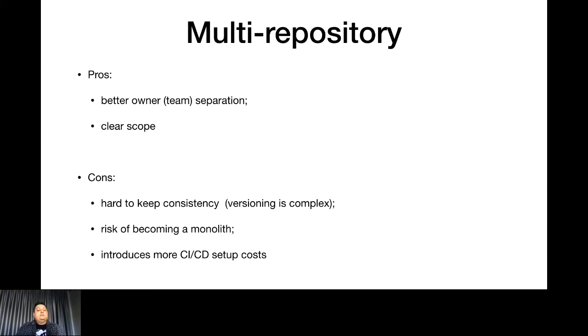There is also a risk of this approach becoming a monolith, because if we need to jump between different repositories, it may be very tempting to introduce some logic which should land in a different microservice. It also introduces more CI and CD setup, because of course we must have a setup for each repository.